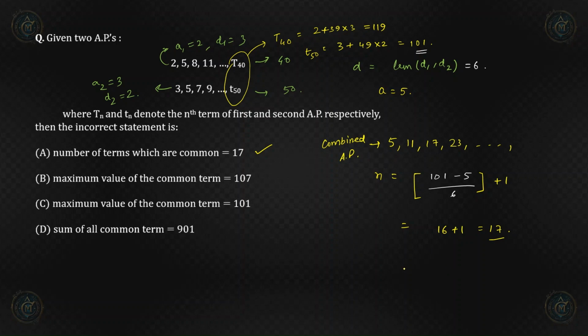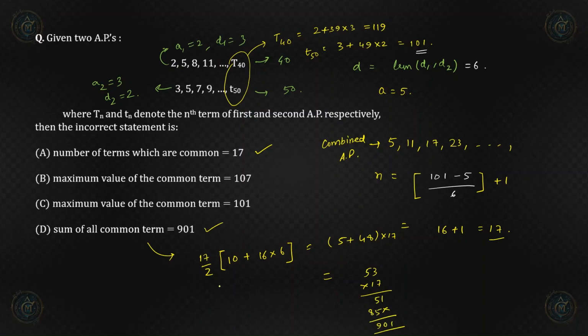So this will be 17 by 2 times the first term times 2, so 10 plus 16 times the common difference 6. So this becomes 5 plus 48 times 17. Okay. So 53 times 17, that is 901. Okay. So this option is also correct.